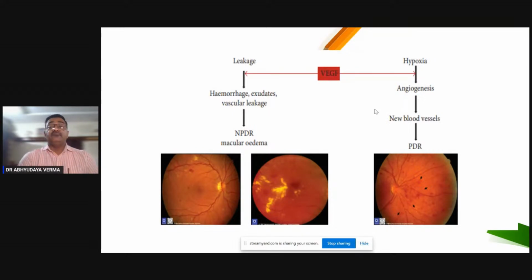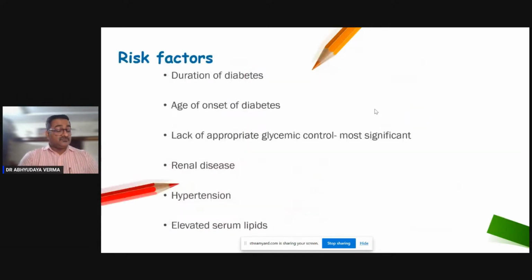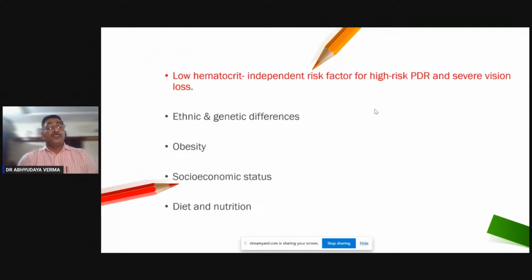This leads to proliferative diabetic retinopathy. Risk factors we all know: as the duration of diabetes increases, the risk increases, along with age of onset of diabetes, lack of sugar control, associated renal disease, hypertension, and dyslipidemia. Then we have low hematocrit also, some ethnic and genetic predisposition, obesity also, and socioeconomic status.